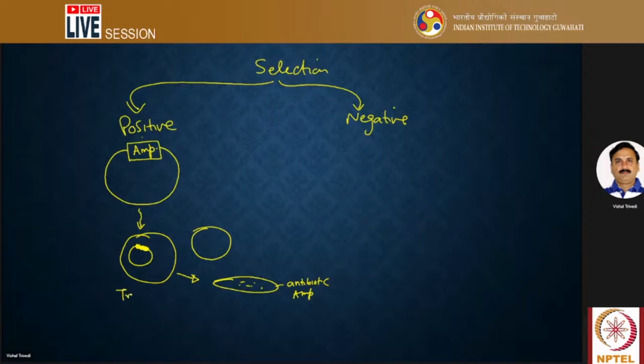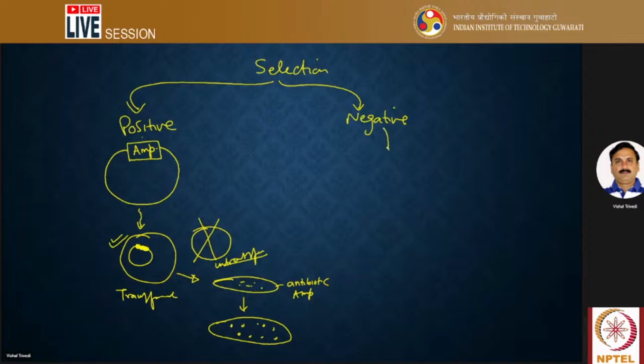So this is the transformed cells, and this is the untransformed cells. When you plate them, this one is not going to survive, because it does not have the ampicillin resistance gene, whereas this one is going to survive. So what you are going to get at the end of the selection is the colonies where this particular clone is present, and that is what is called positive selection.